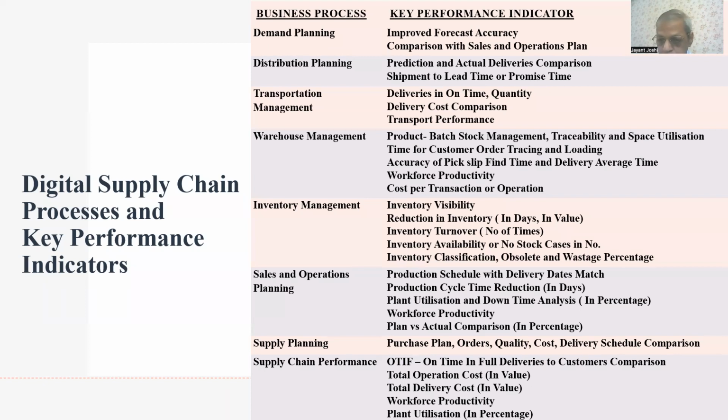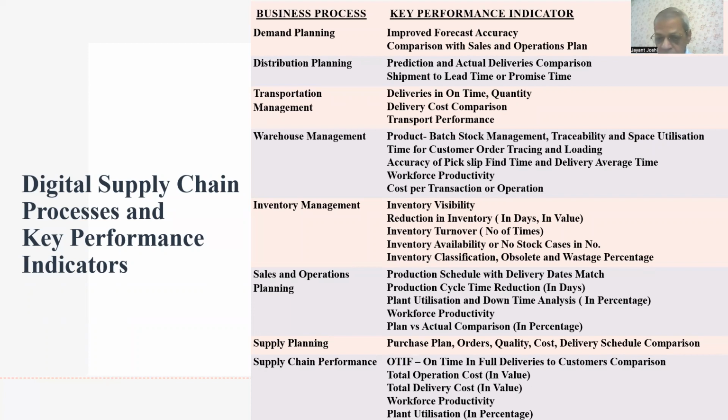This also helps workforce productivity, because the workers on the shop floor know which batch and which product is expected, and what the material availability is. So they plan accordingly at shop floor level, and that also improves your plan versus actual comparison, and that percentage goes up.